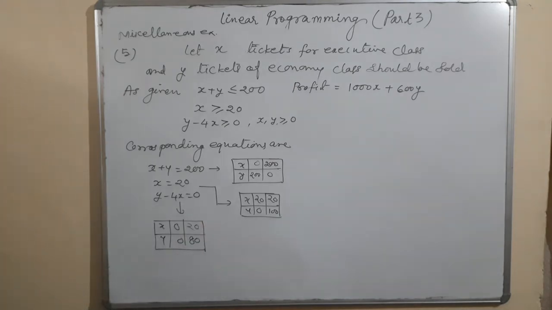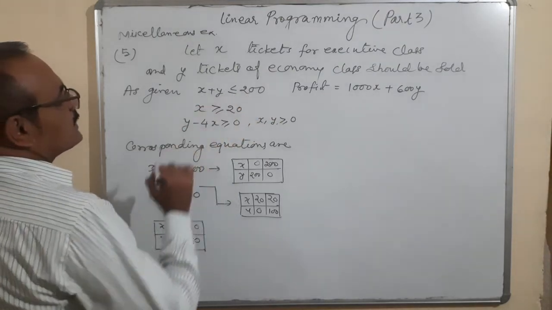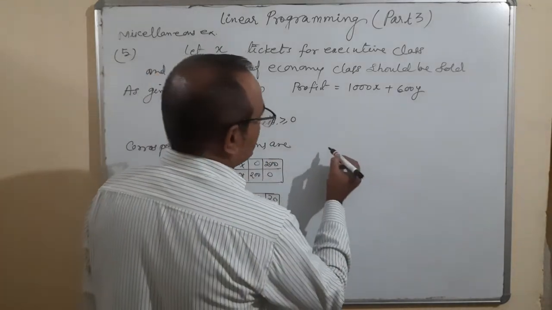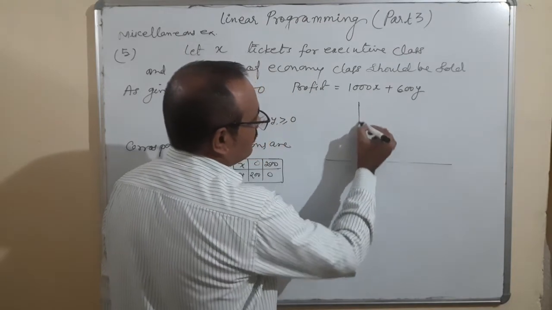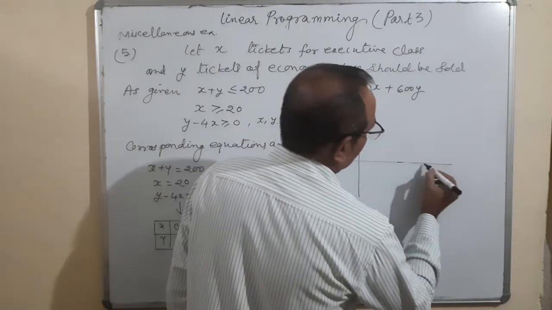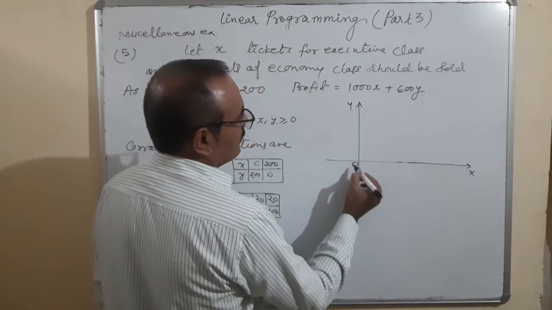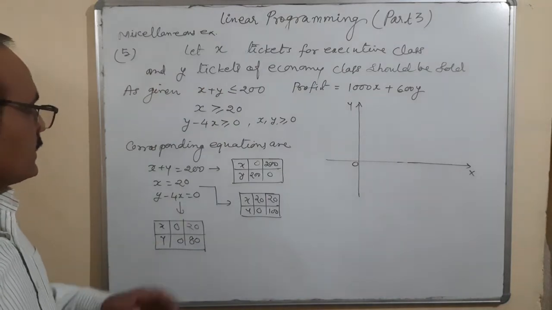In all the cases, let us see the condition of the origin. For x plus y less than or equal to 200, it contains the origin. On the graph, let us see what scale should be taken.